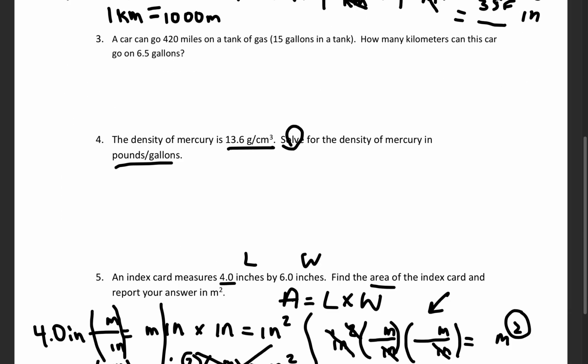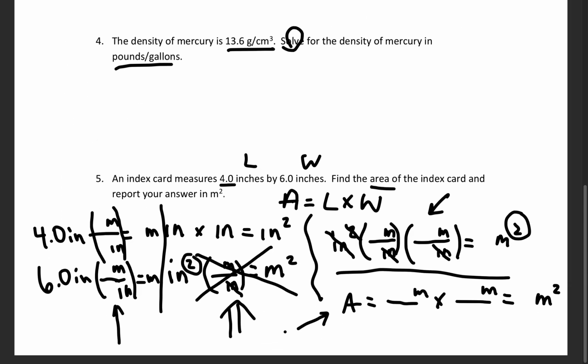Don't let that be the reason why you miss points. You can only have 2 significant figures at the end of this problem. So whenever you calculate it, you can have more significant figures along the way, but when you report your final answer, it needs to have 2 significant figures.